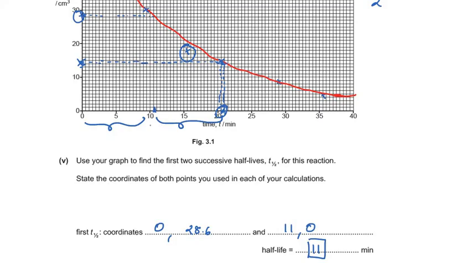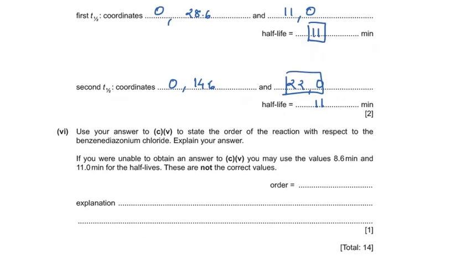Means if we say this is T1 and this is T2, then the second half-life is T2 minus T1. The difference between the timings of the first half-life and the timings of the second half-life will give us the second t half. So this difference is also 11. So first half-life is 11 minutes, second half-life is also 11 minutes. So from that we can conclude it is a first order.